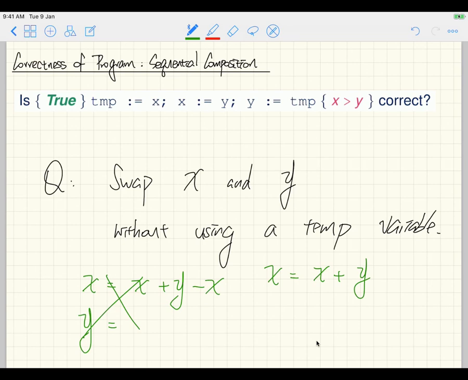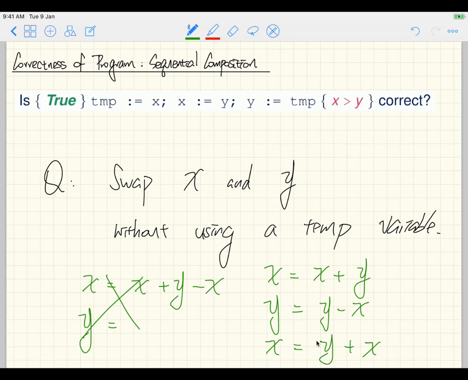Go ahead, give me one line. Y equals y minus x. Are you sure? Why? Another one? I thought we were done. Are you sure?